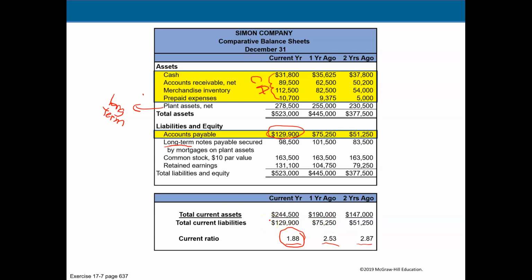So they are adding debt, more debt than they technically should be, I guess. They could be adding debt because they're purchasing more assets, which is going to give them a lower ratio.